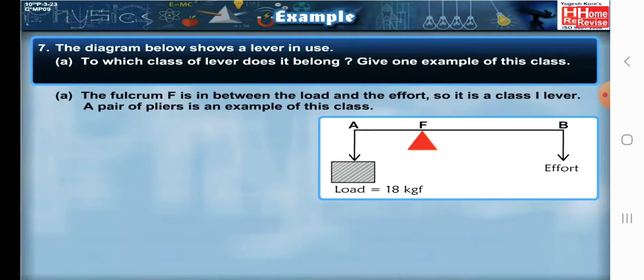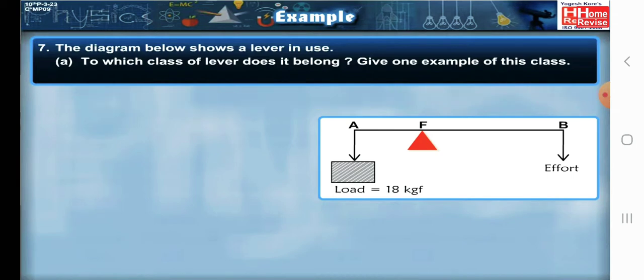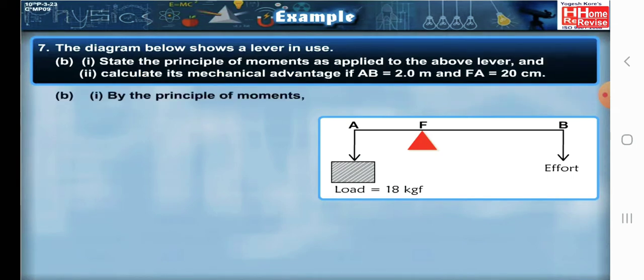A. The fulcrum F is in between the load and the effort, so it is a first class lever. A pair of pliers is an example of this class. B. First, by the principle of moments, load into FA is equal to effort into FB.